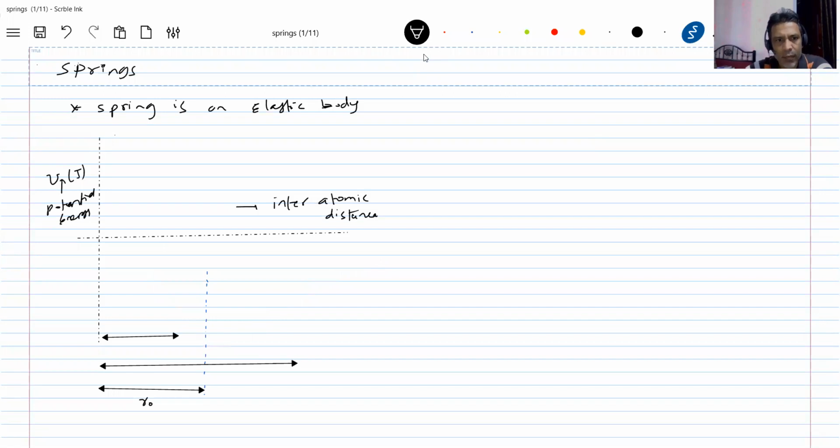Let me finish off the graph. There's a rough graph. Okay, look at this. These are the primary points which I'm interested in here.